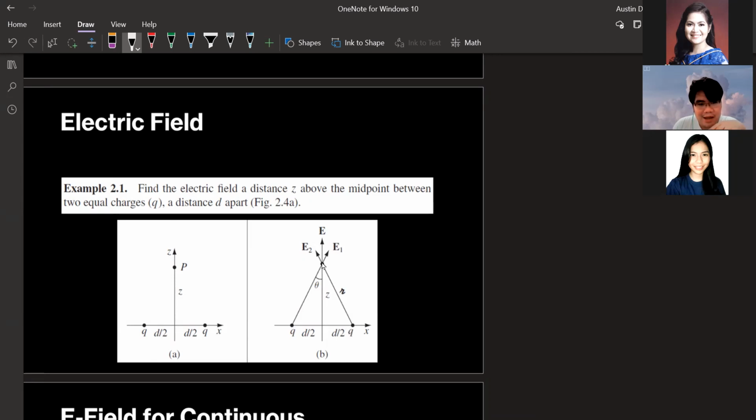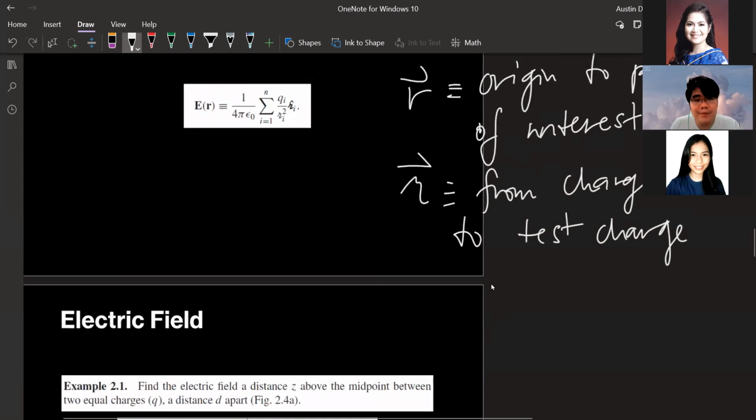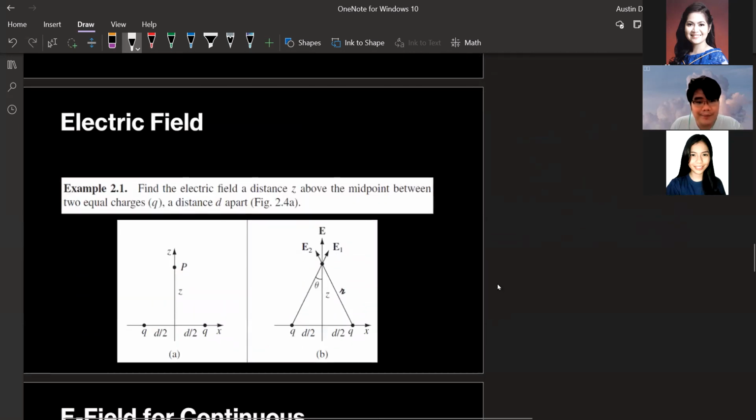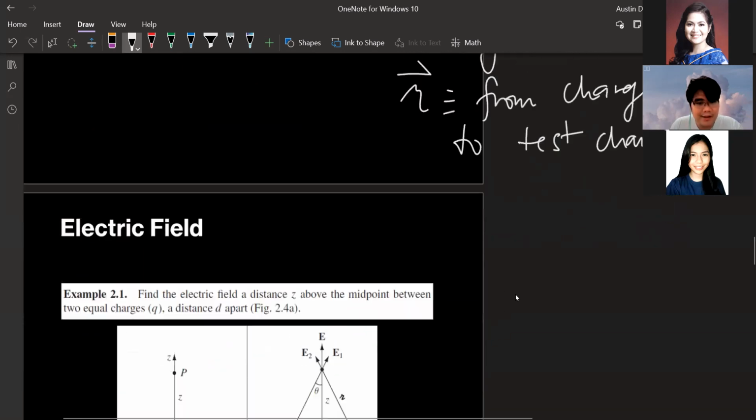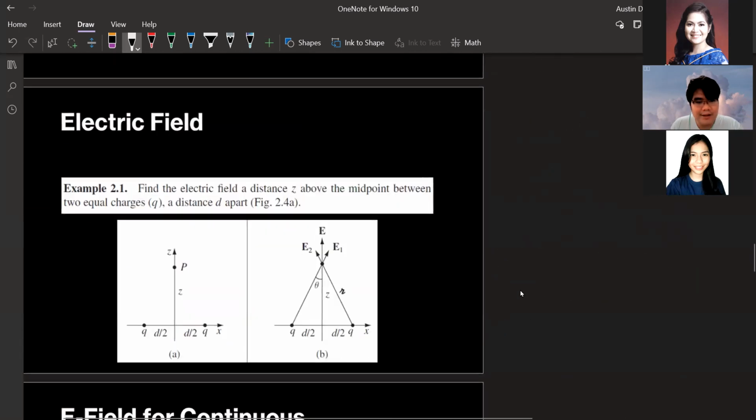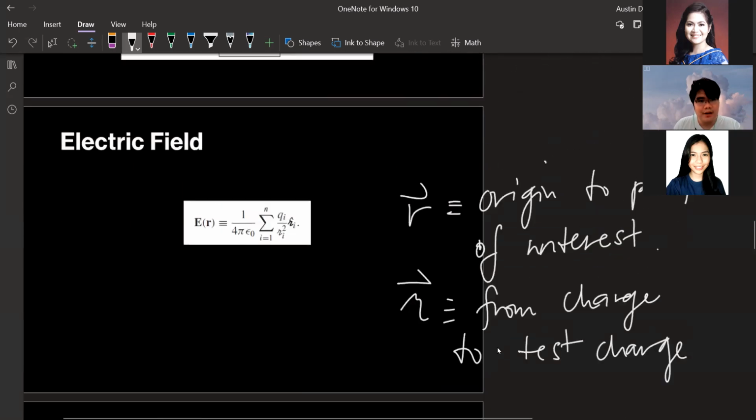And kung mapansin nyo, magka-cancel lang naman yung horizontal components nila. And we're left with a vertical component. Okay? So wala lang, isipin lang natin yun. Let's keep that in the back of our mind para ma-check natin kung may sense yung solution natin. Okay? Okay, so let's do this.